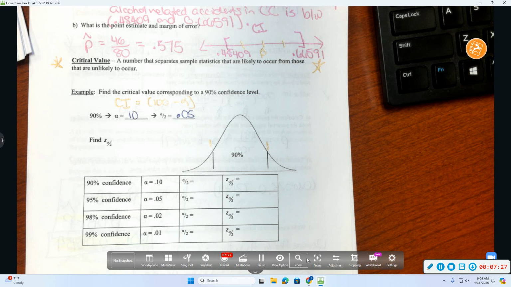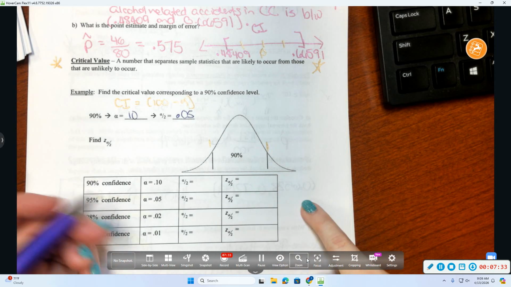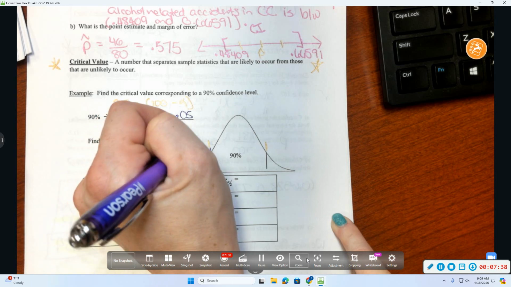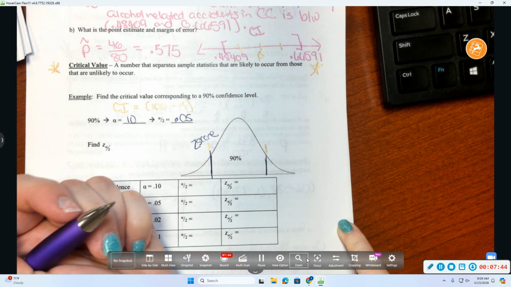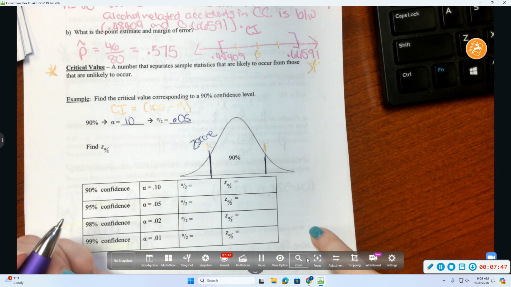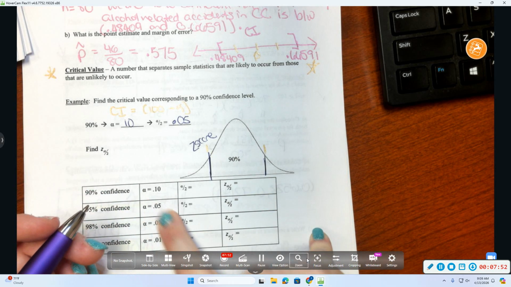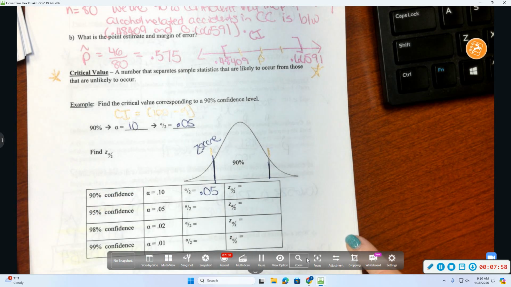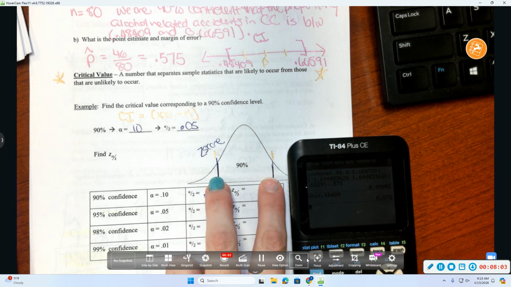The way I can find this z divided by 2, and what we mean here when we say z divided by 2, we're talking about the z-score right here in the standard distribution, which has a mean of 0 and a standard deviation of 1. So if alpha is 0.10, then alpha over 2 is 0.05. If I want to find z alpha over 2, I want one or both of those scores, usually keeping it positive is better.